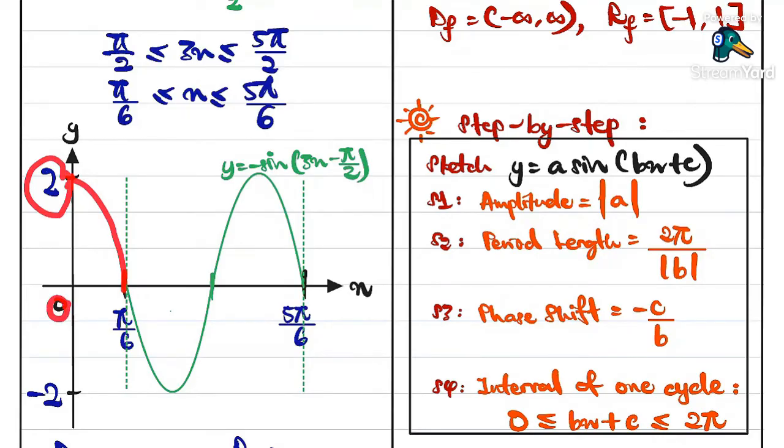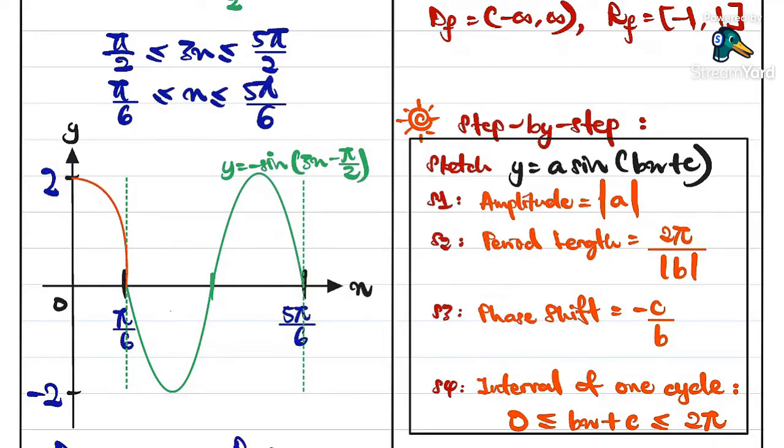So just put this 0 inside of this function, and then you use your calculator, but make sure it's in radian, and you will find out that it goes to 2.